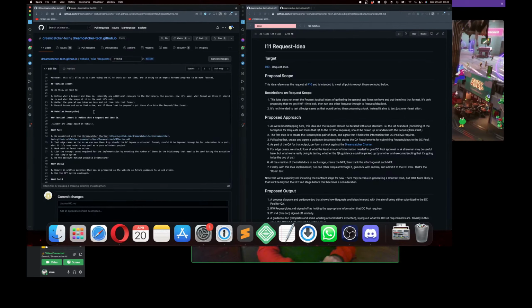Right. Well, how about this then? If we leave the request as is, the request is we want this to happen, but the idea should be a bit more specific about outputs and so on. Ideas definitely need to describe what the output is. Yeah.